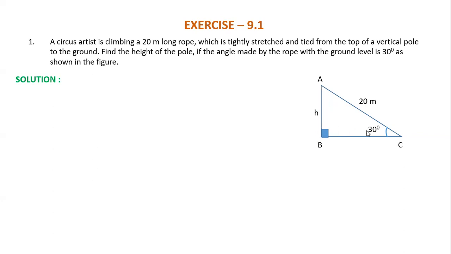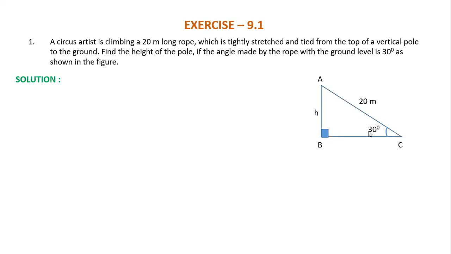Now, when you want to find the height, in the previous chapters we have learned 6 trigonometric ratios: sine, cos, tan, cosec, sec, cot. Among these 6 ratios, which ratio should we use? To decide that, see the angle here.